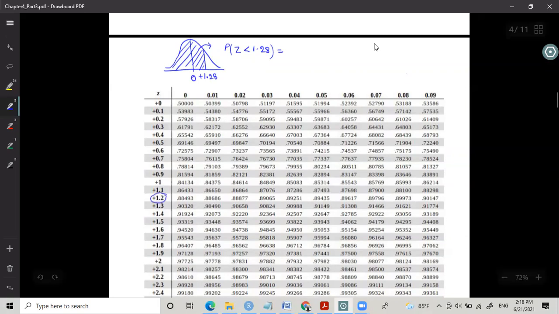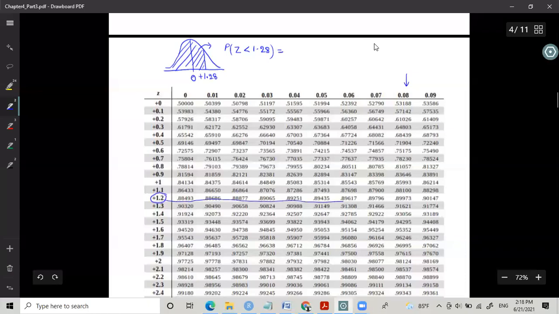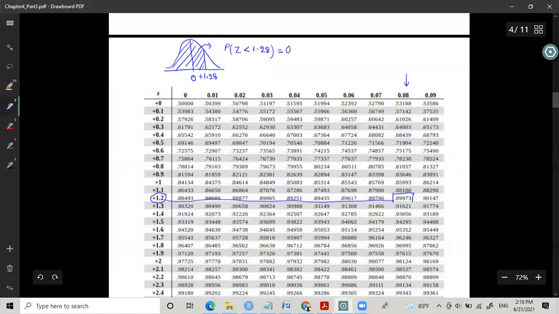And then you have second decimal place 8. All the way up to 8. So here's the number. I got few answers. Yes, 0.89973. Thanks for the answers. So this will be 0.89973. What is it actually? You can say 89.97%. Okay, if you want to write it in percentage.